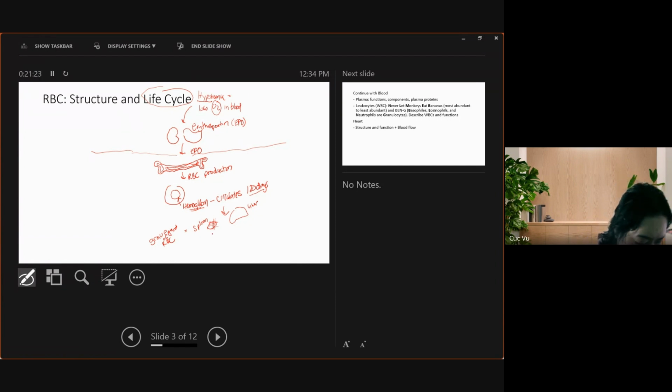When it breaks down the red blood cells, it's going to break them down into their functional units, which are hemoglobin. And hemoglobin gets broken down further. This is one of the questions that was requested, so I'll spend a little bit more detail on this one. Hemoglobin gets broken down into the heme groups and the globin chains.